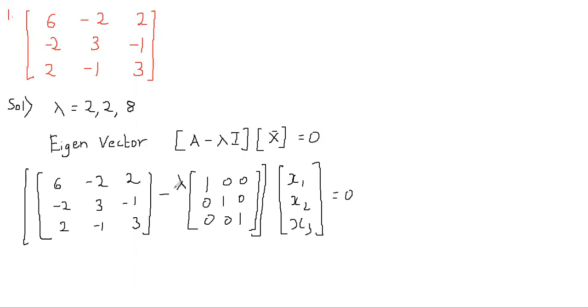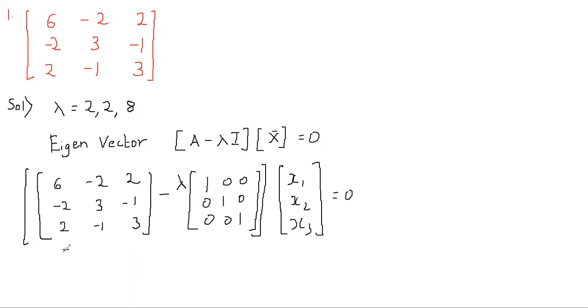When we multiply this lambda inside, the leading diagonal will become lambda, lambda, lambda, and the remaining will all be 0. So we have matrix A minus this matrix. Then we have to subtract this from this. So what will be the final answer?